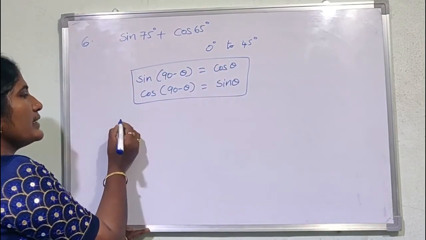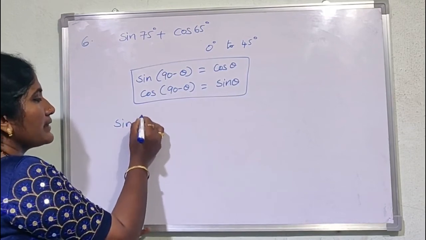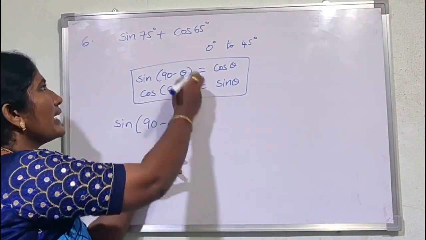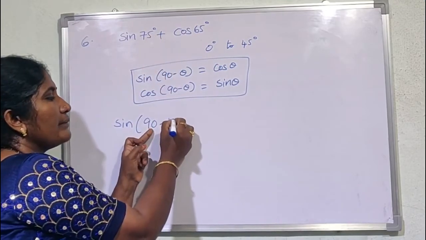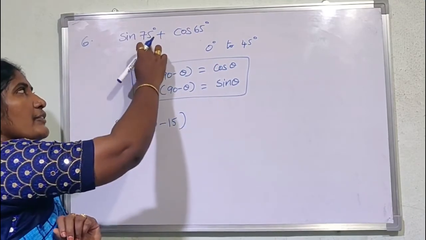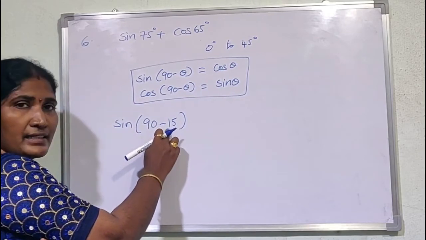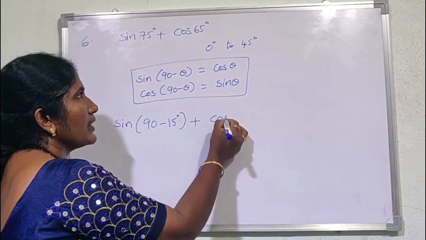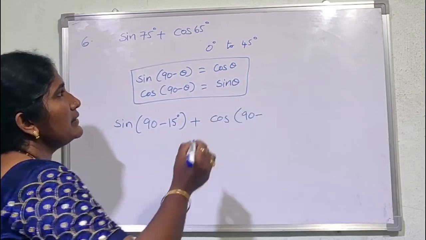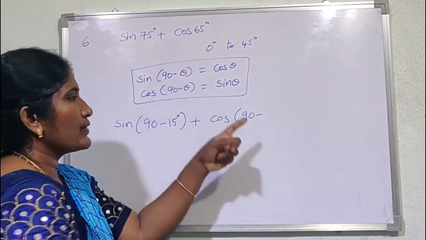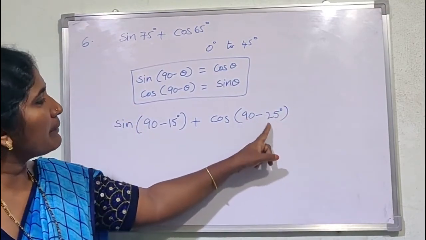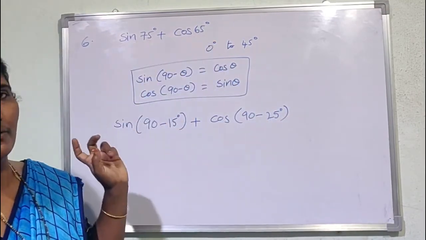Now instead of sin 75, I am writing sin 90 minus, what we want to subtract to get 75: 90 minus 15. Simply 75 I wrote as 90 minus 15. Again 75 will come, same. Plus cos 90 minus, you want to get 65, so subtract 25 degrees. 90 minus 25 is 65.